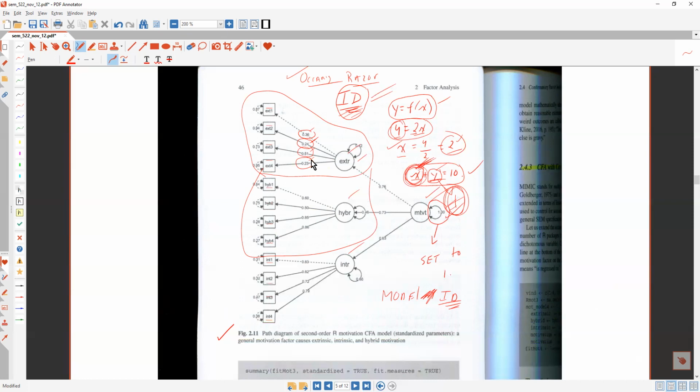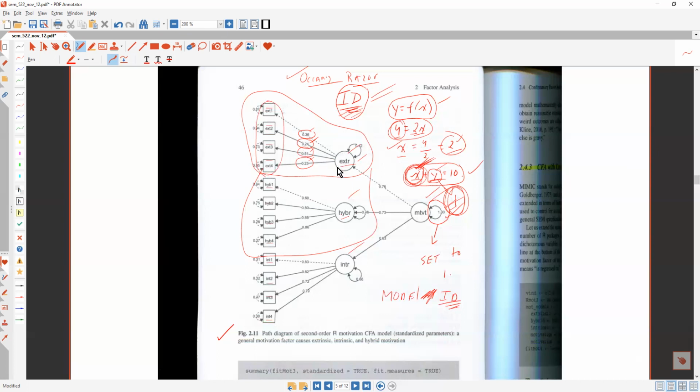Okay. So in this particular model, it's a higher order. So this one here is predicting HRBR, etc. And then we have this one predicting the observed variables here. So we say EXTR has these particular variables load on it, this one, etc. Now again, these here did not have the choice, right?